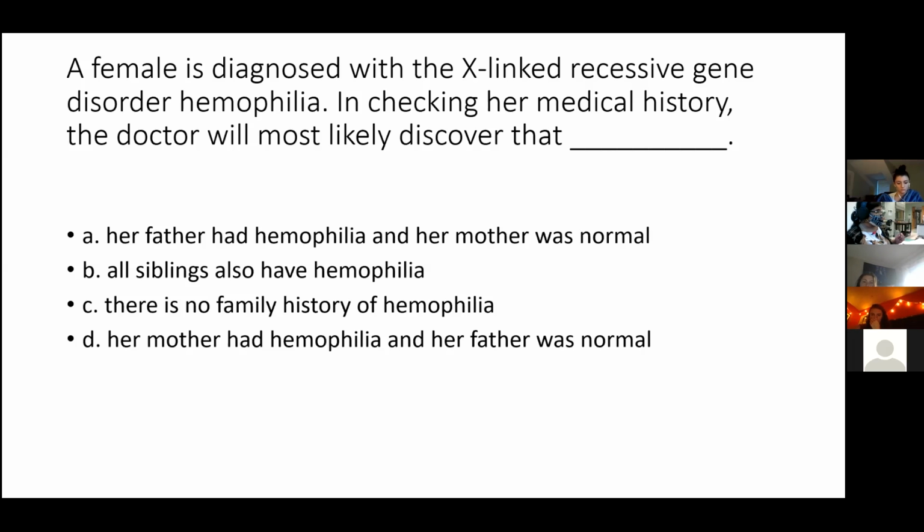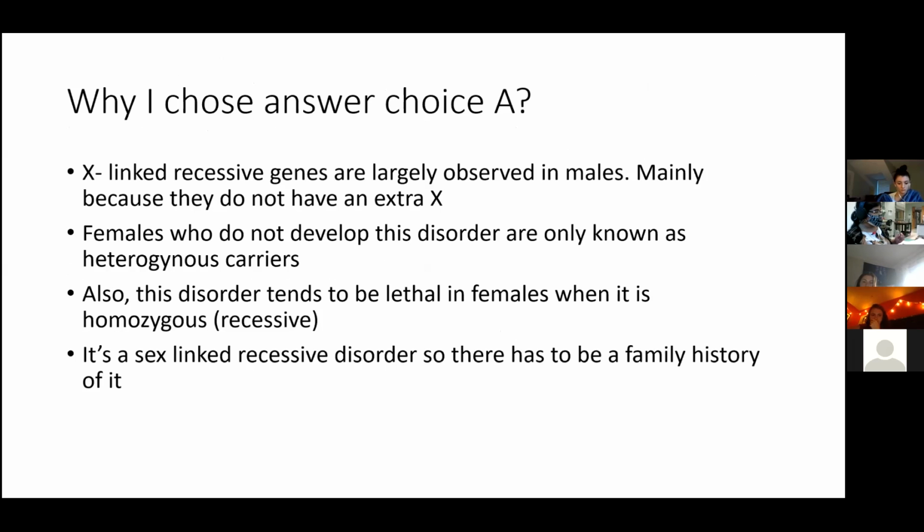So I put A, and the reason why I chose A is because X-linked recessive genes are largely observed in males, mainly because they do not have an extra X, and females who do not develop this disorder are only known as heterozygous carriers. Also, this disorder tends to be lethal in females when it is homozygous. It's a sex-linked recessive disorder, so there has to be a family history of it.